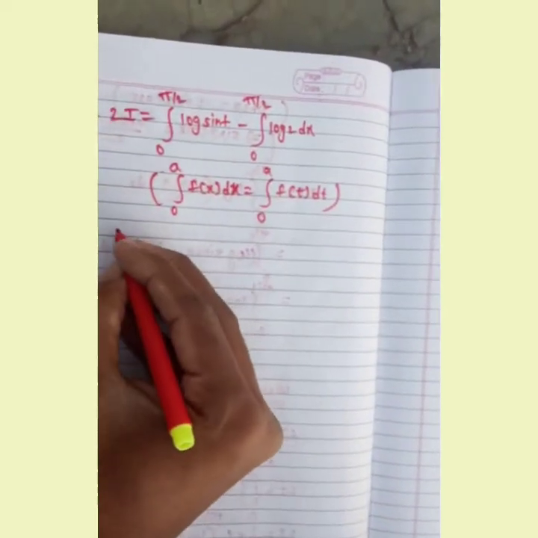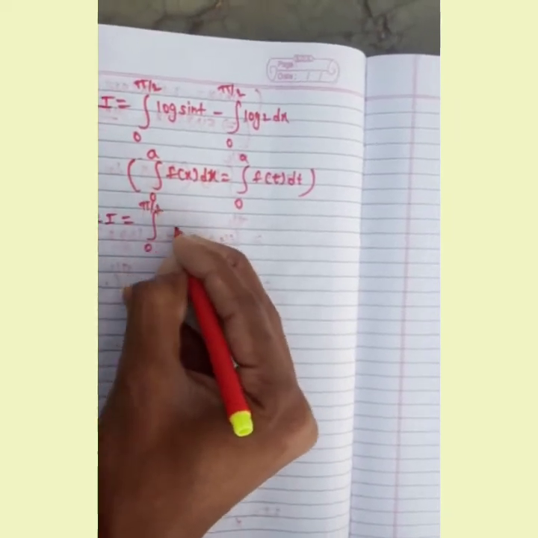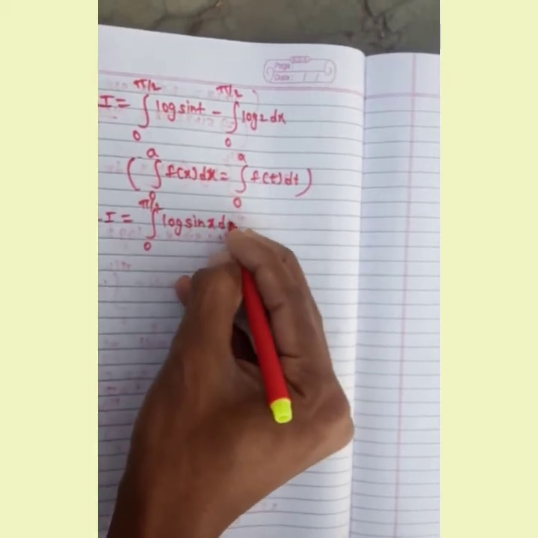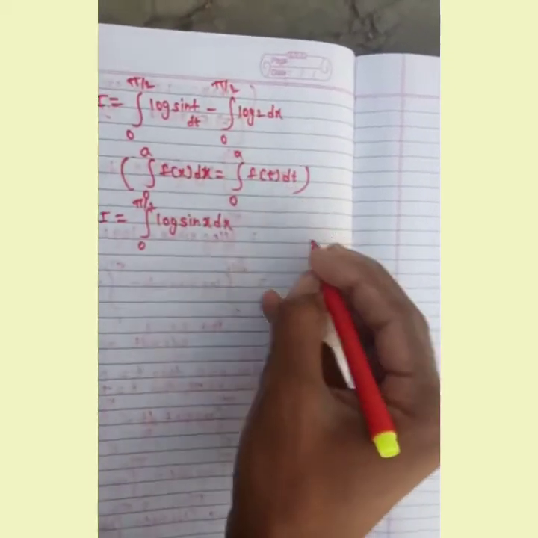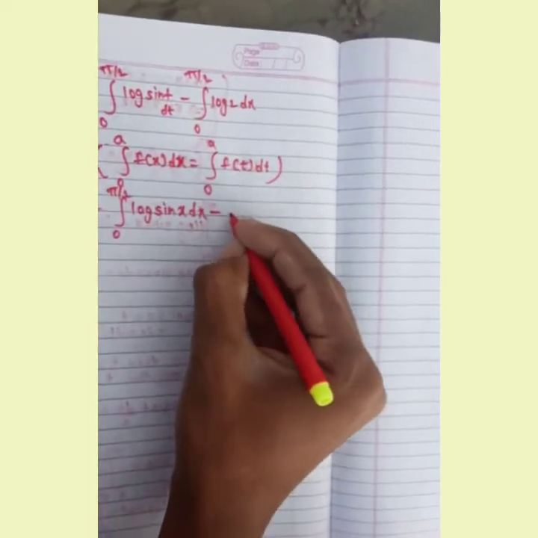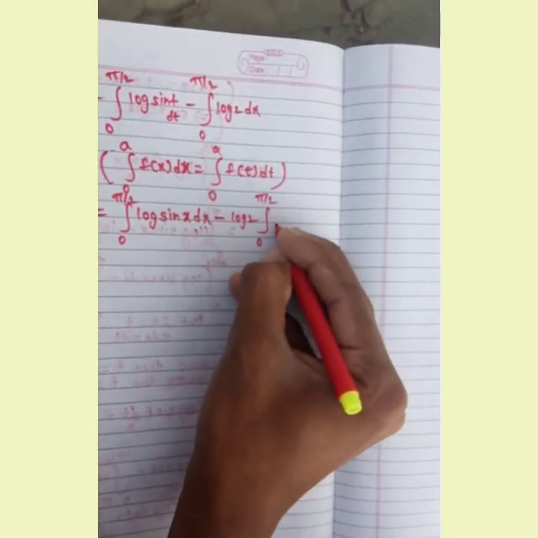So I equals integration from 0 to pi by 2 of log sin x dx, here it is dt, minus, this log 2 is a constant, so we will take it out of the integral, log 2 into integration from 0 to pi by 2 of dx.